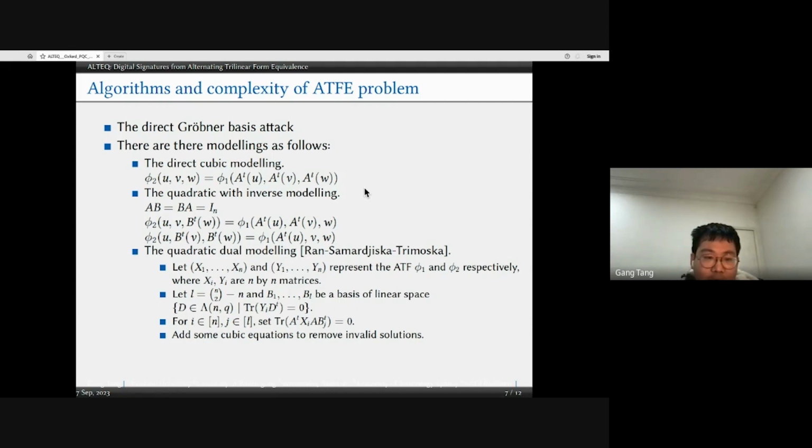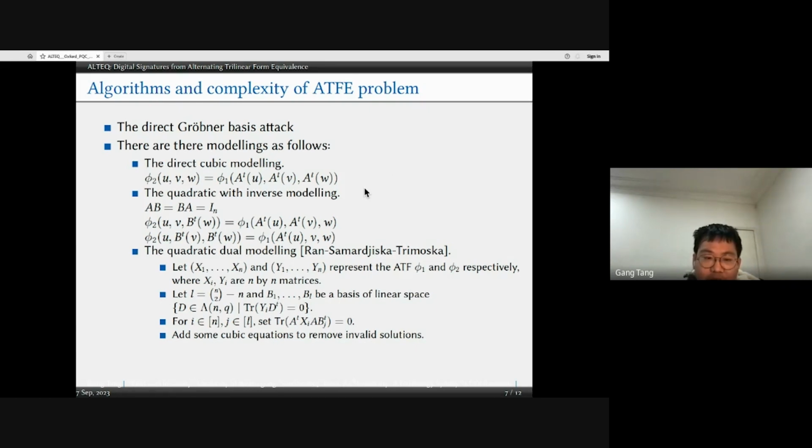And the third one is the quadratic dual modeling, recently proposed by Ran and Samagiska Tremoska. First, we can use a tuple of matrices to represent the alternating trilinear form.